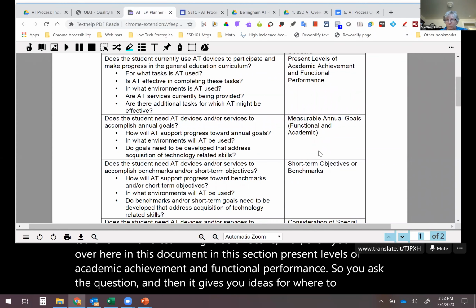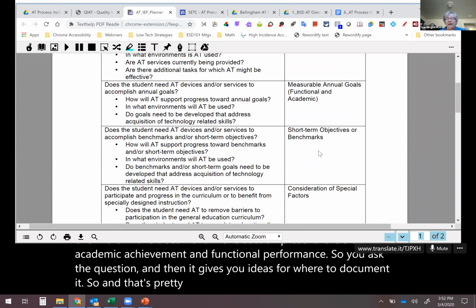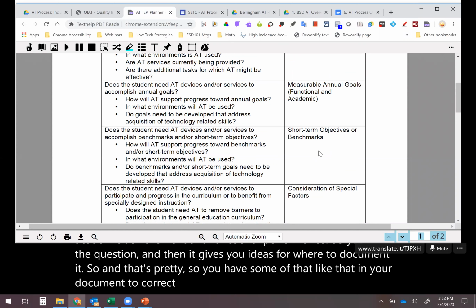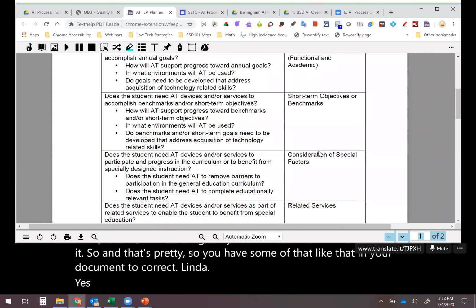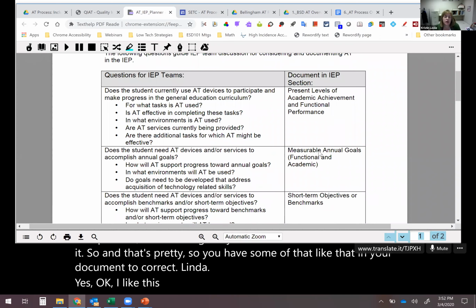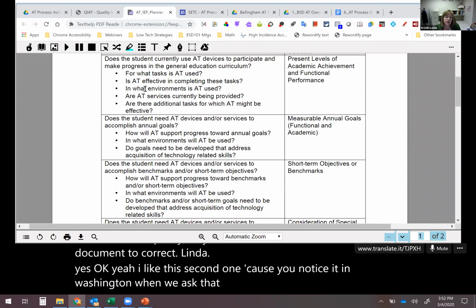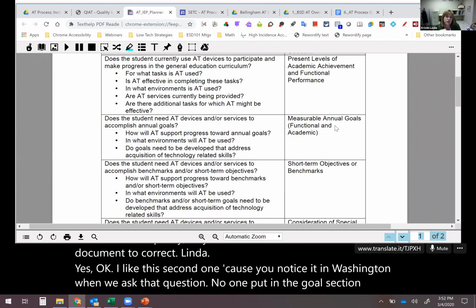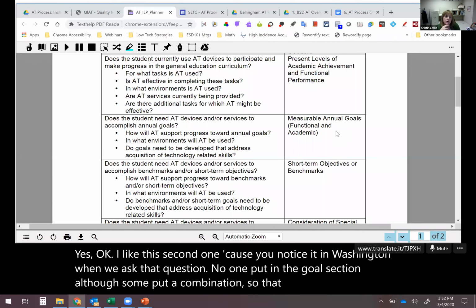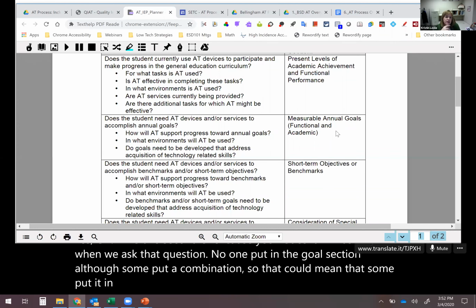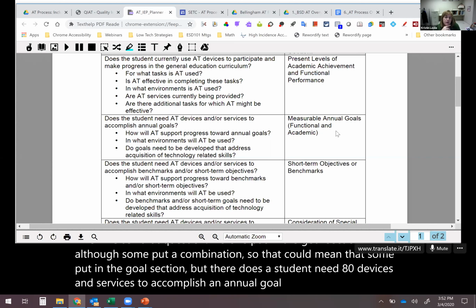You have some of that in your document too, correct, Linda? Yes. I like the second one because you noticed in Washington when we asked that question, no one put it in the goal section, although some put a combination. That could mean that some put it in the goal section. Does the student need AT devices and services to accomplish an annual goal? Then it may be part of the annual goal to mention how.